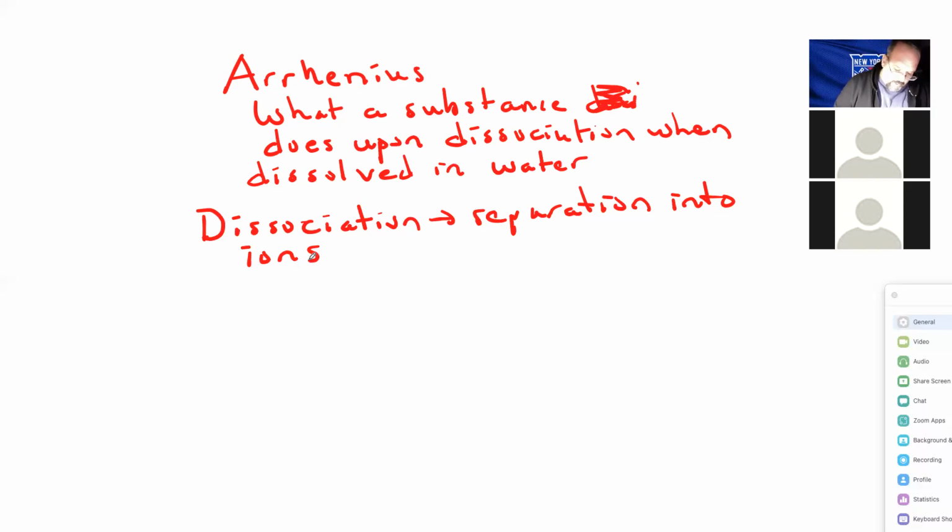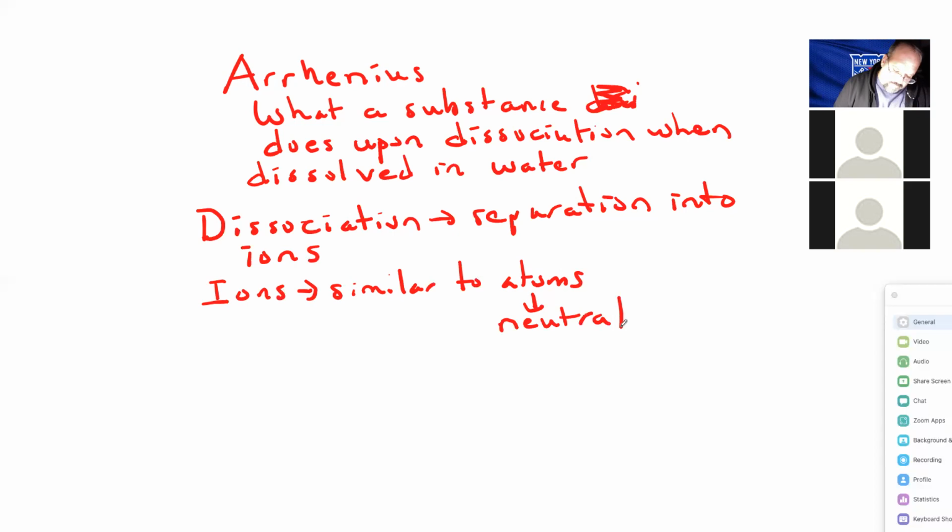Now, hopefully, you're familiar with species which are known as ions. Ions are similar to atoms in the sense that they are made up of protons, neutrons, and electrons. But if you take a look at atoms, all atoms are neutral.